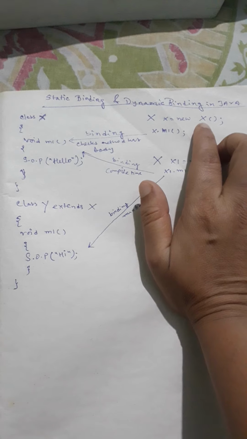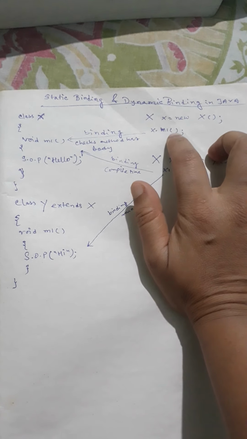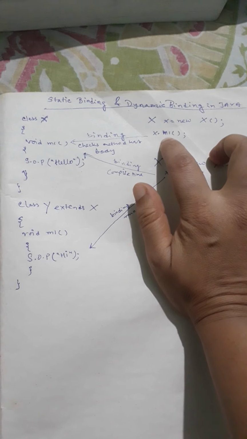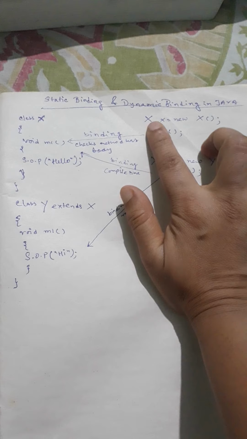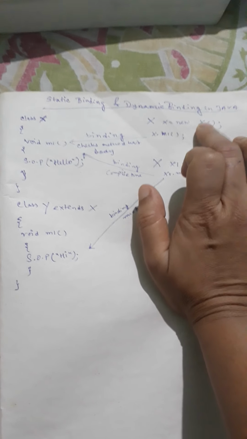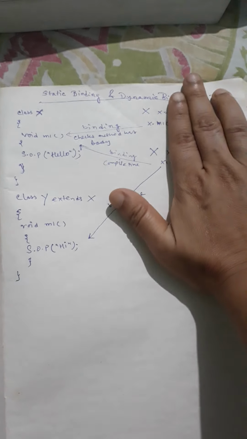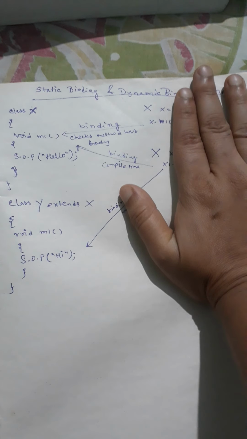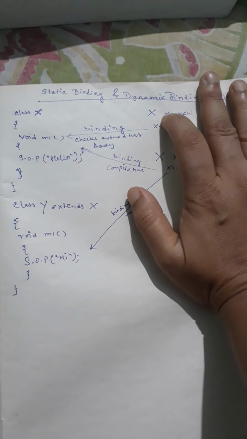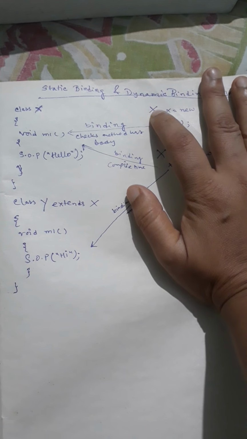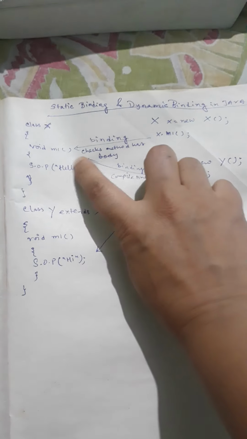When we write this constructor we know that this is the object, x.m1, and this x is the object of class X, and this happens at runtime. But before writing this, we only know the reference variable. Small x is the reference variable of class X. So it is bound at runtime.